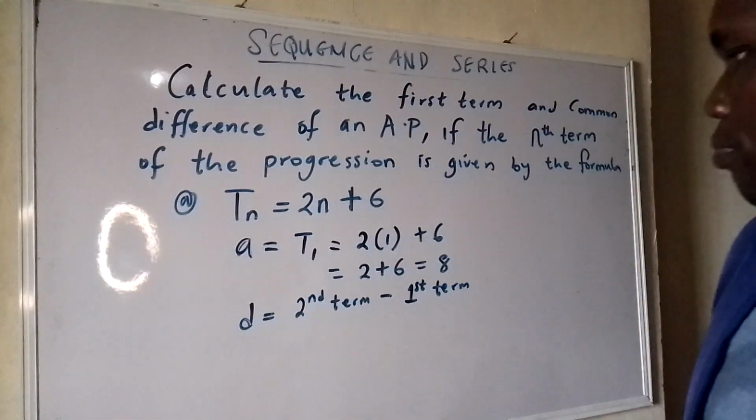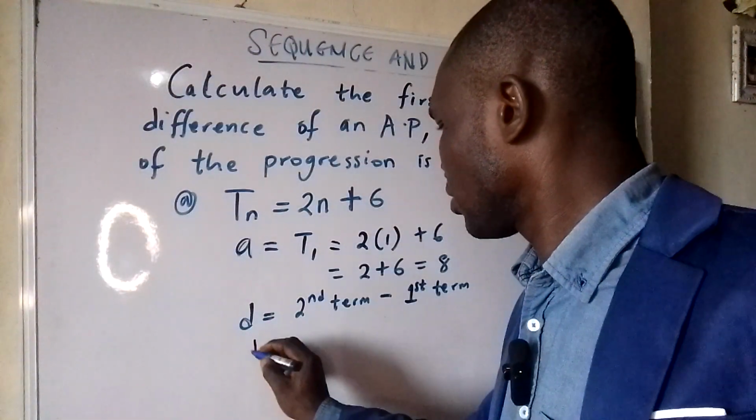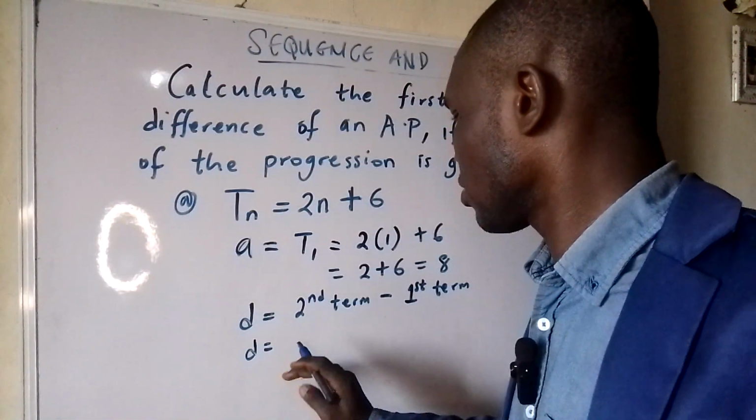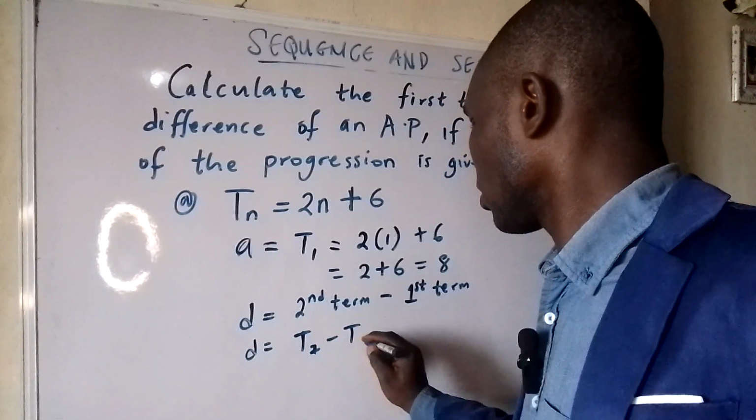Minus the first term. So my d is equal to, let me first find t1, t2 minus t1.